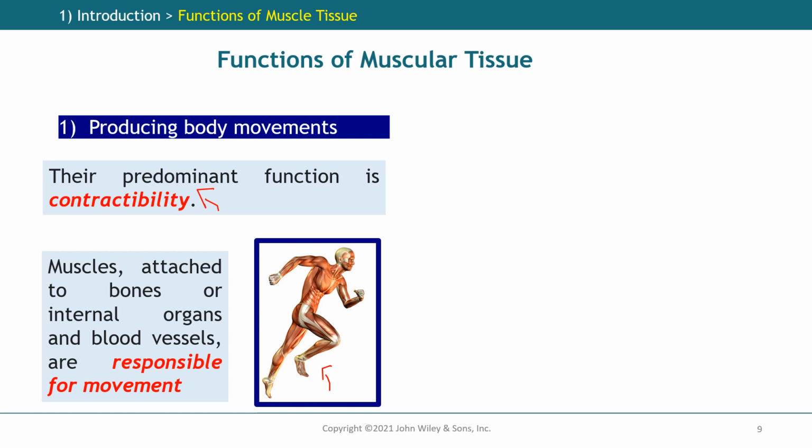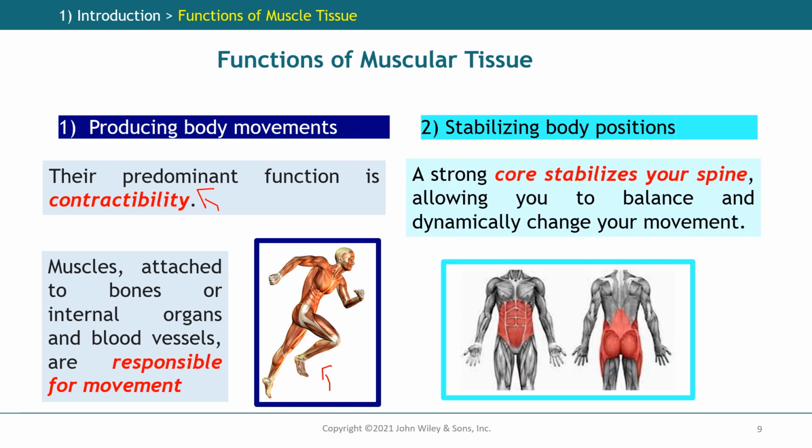But they are not only responsible for that, muscles are also responsible for stabilizing body position. So if you hurt your muscles in your back because you carry something very heavy, you know that you will not be able to move. Even standing up will be painful, walking will be painful. Why? Because a strong core stabilizes your spine.